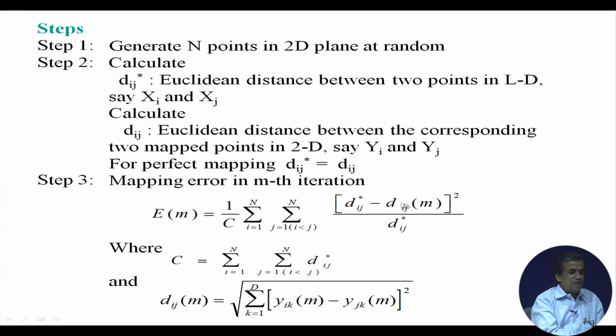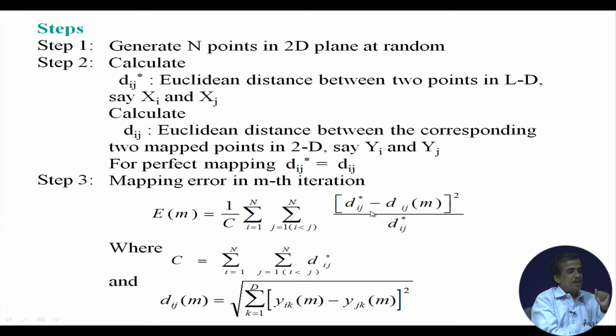Now, let me explain why we use this type of expression. This Dij star is actually the Euclidean distance in higher dimension, which is known, between the 2 data points i and j, and Dij m is the Euclidean distance between the 2 mapped points in the 2D plane at mth iteration.